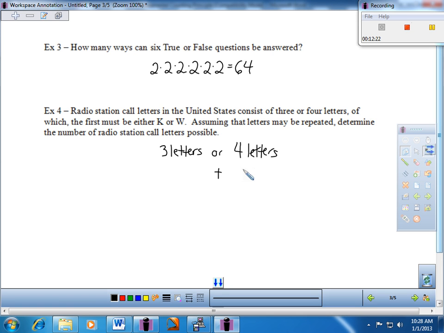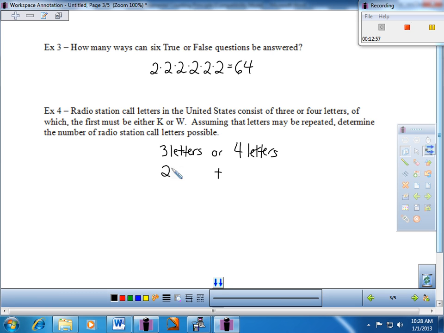So let's talk about the number of possible 3-letter call letters. How many possibilities are there? So I guess the first thing is to meet the conditions. Always make sure you've met the conditions. And it does say right away that the first letter must be either K or W. So in terms of the 3 letters here, the first task is to figure out how many possibilities there are for the first letter.